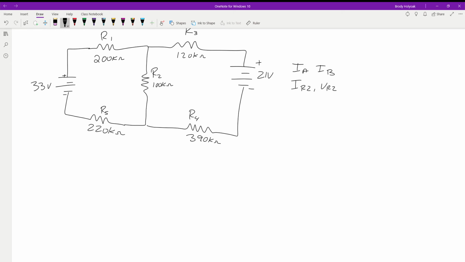All right, that is our circuit, and we're going to solve using mesh.